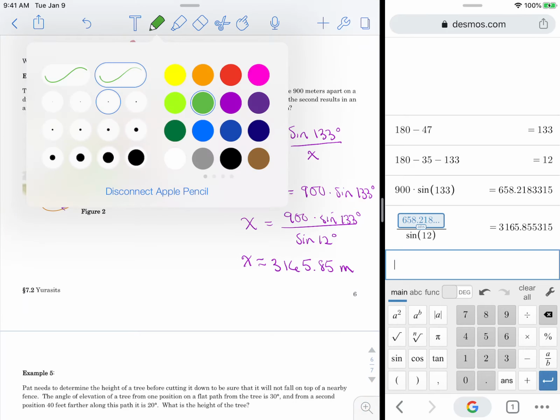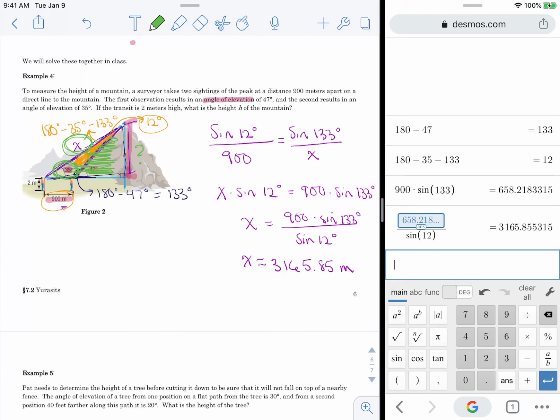And so that's why I can go ahead and do, because I'm in a right triangle, sine of 35 degrees equals opposite, which is my unknown, which we labeled as our height, over our hypotenuse.